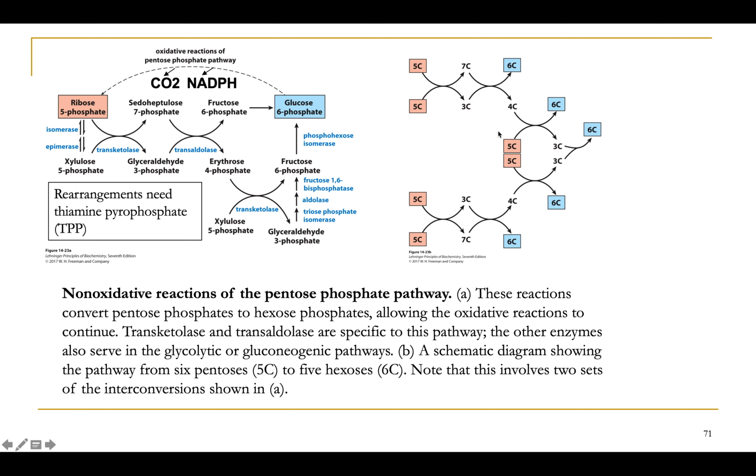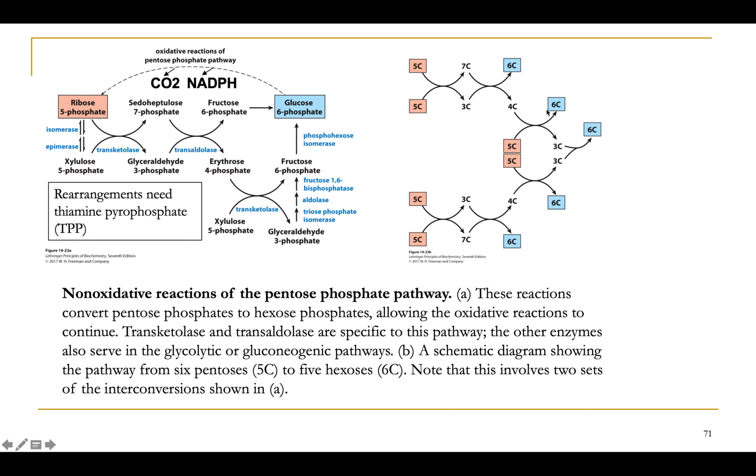The tetrose exchanges with another pentose, giving again a hexose and a triose, and at some stage the triose is joined back into hexose by aldolase, which is a shared enzyme between the non-oxidative phase and the glycolytic gluconeogenic pathway.